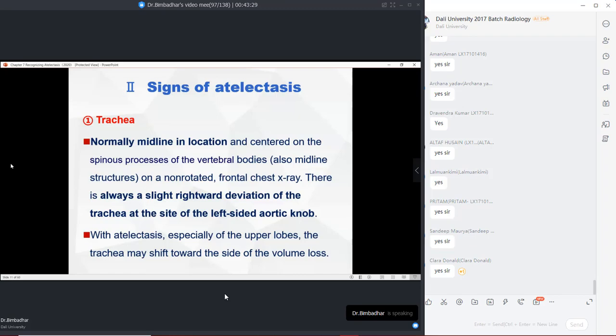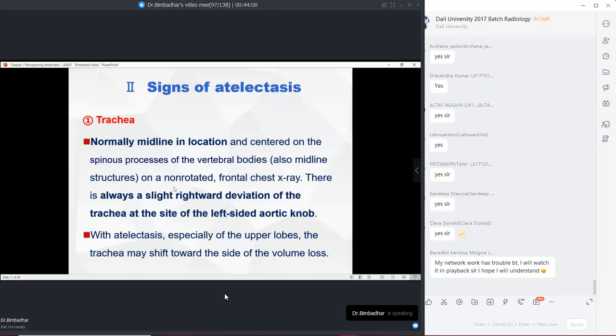The trachea is recognized as a radiolucency, a black line or black tube-like structure, following down the spinous processes of the vertebral bodies, and it is non-rotated in a frontal X-ray. There is no deviation of the trachea. A centrally positioned trachea will always be present along the spinous processes of the vertebral bodies. That is how it is.